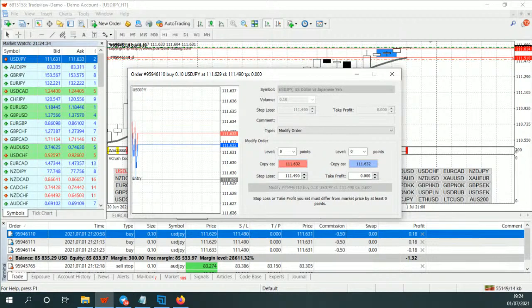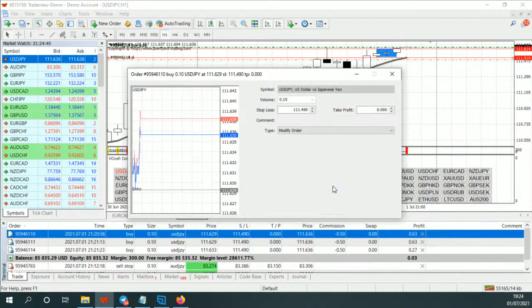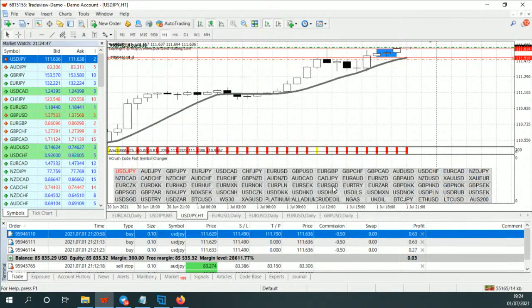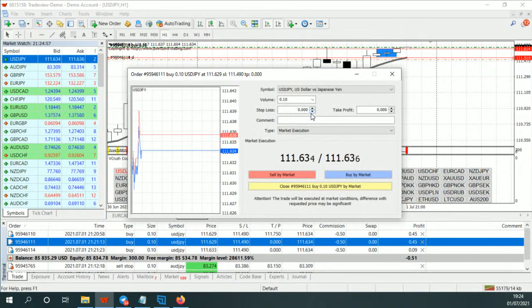So the first one, take profit, will be 111.75. That is the first one. That's take profit for the first one. Take profit for the second one, you set that also to 26, because that is 13 multiplied by 2.